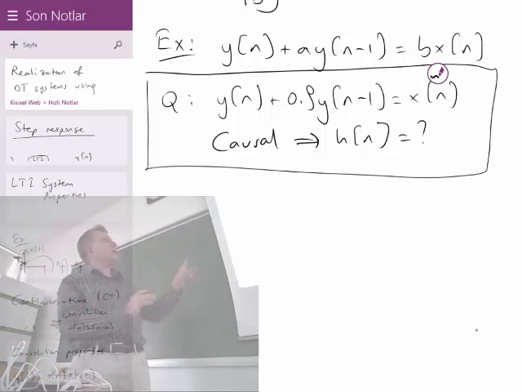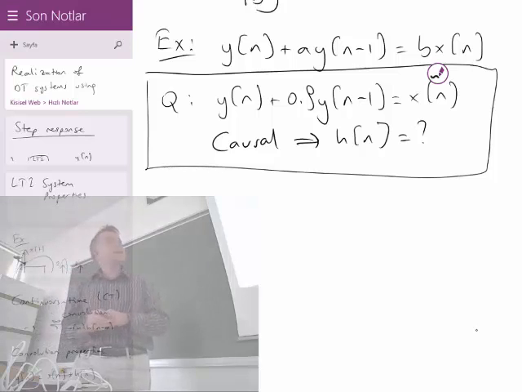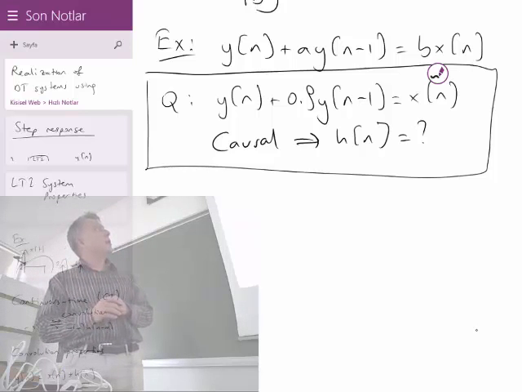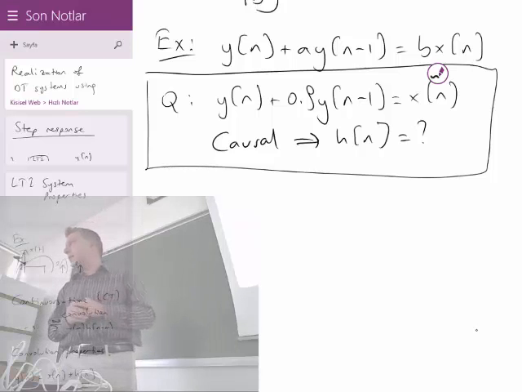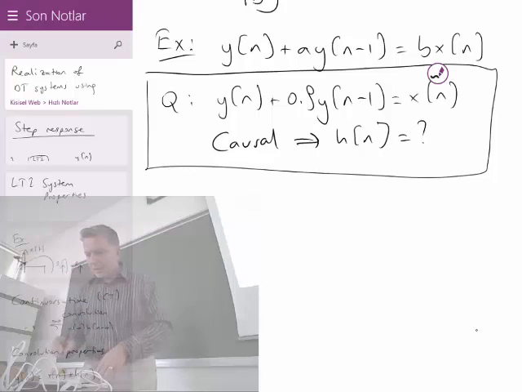Let's keep it aside. Let's look at the top equation again and let's try to implement it. y of n plus 0.9 y of n minus 1 is equal to x of n. Sorry about that, it is 0.9. So how are we going to implement this one using building blocks?